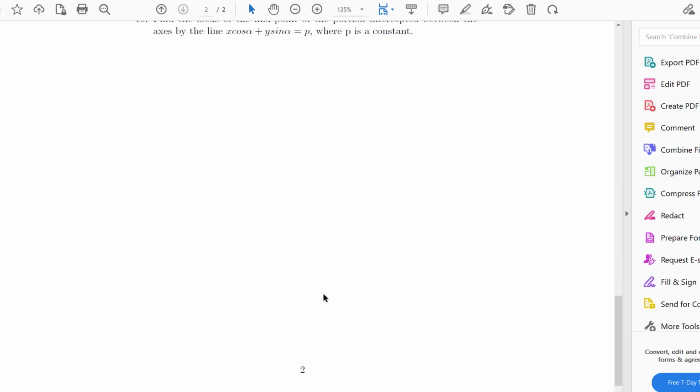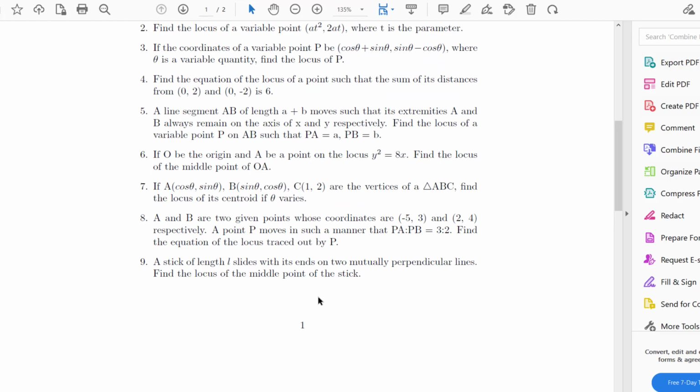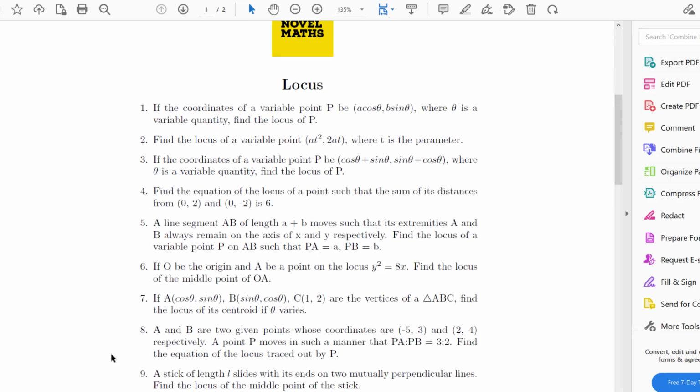Alright, so this kind of thing will keep coming and there are unlimited kinds of questions possible. So let's understand the fundamentals of how to approach these kinds of questions and solve them. The simplest locus example is if I say find the locus of the point which is always at distance A from the origin, right?